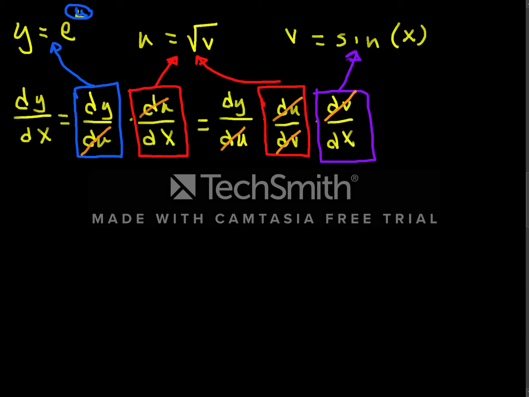So by just the elegance of the notation, the chain rule is exactly fraction multiplication using Leibniz notation.